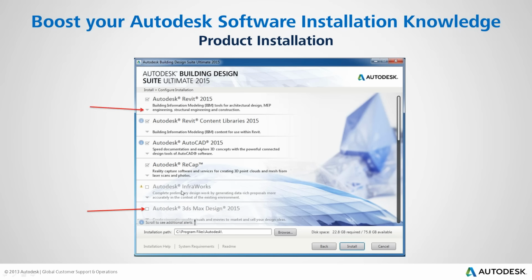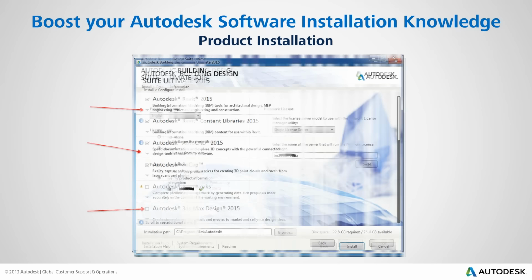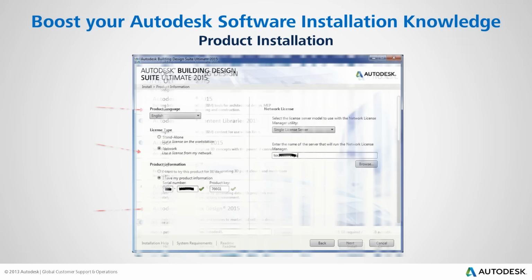And if you notice the little drop-down arrows, it gives you more choices of what you can do within that specific software. Then it asks you to input the serial number, the type of license, whether it's standalone or network. In this case, it's network, and then it asks you for the server name.